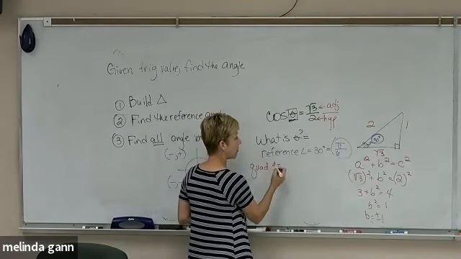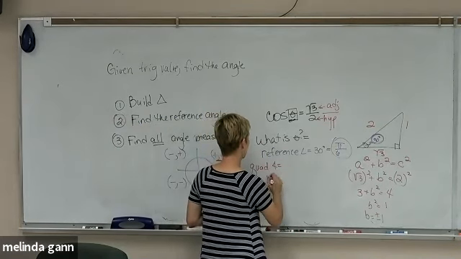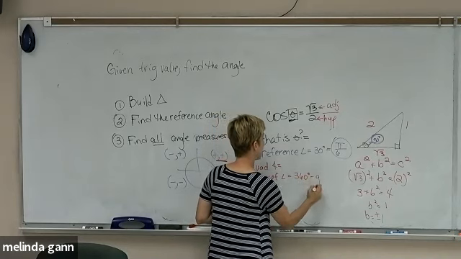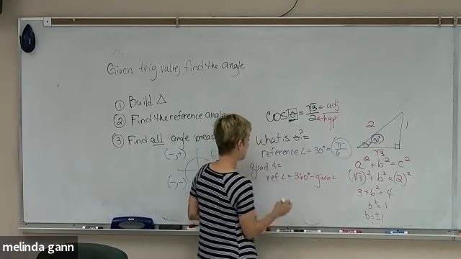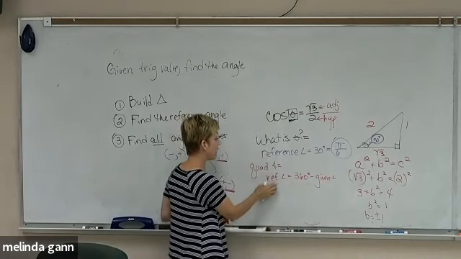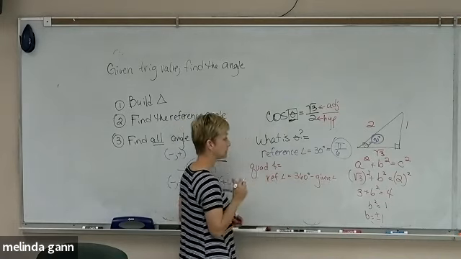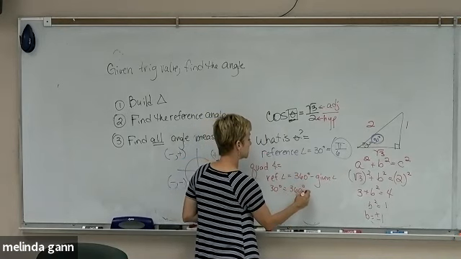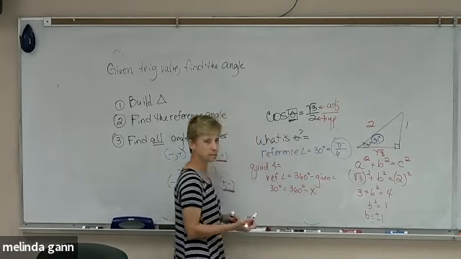Now remember what we know in quadrant 4. In quadrant 4, our reference angle is 360 degrees minus our given angle. But this time, instead of knowing the given and wanting the reference, I know the reference and I want the given. So 30 degrees is 360 degrees minus something.